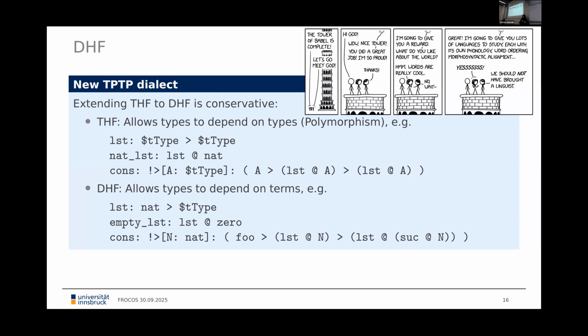Then we can have an instance of this, which is the list of natural numbers, natlist, where we apply this to the natural numbers. And the cons operation is then under this parameter for every type, and we get an argument of this type, give a list with a matching type and get a list of this type.